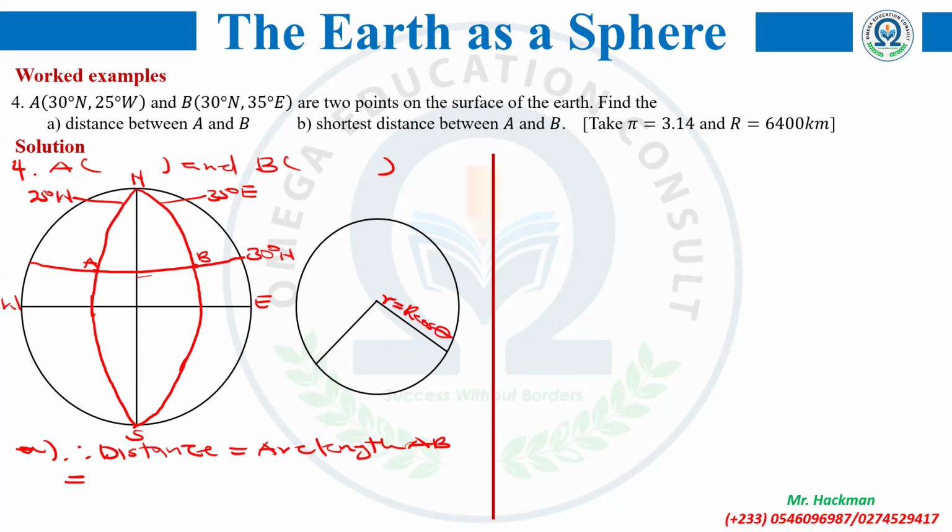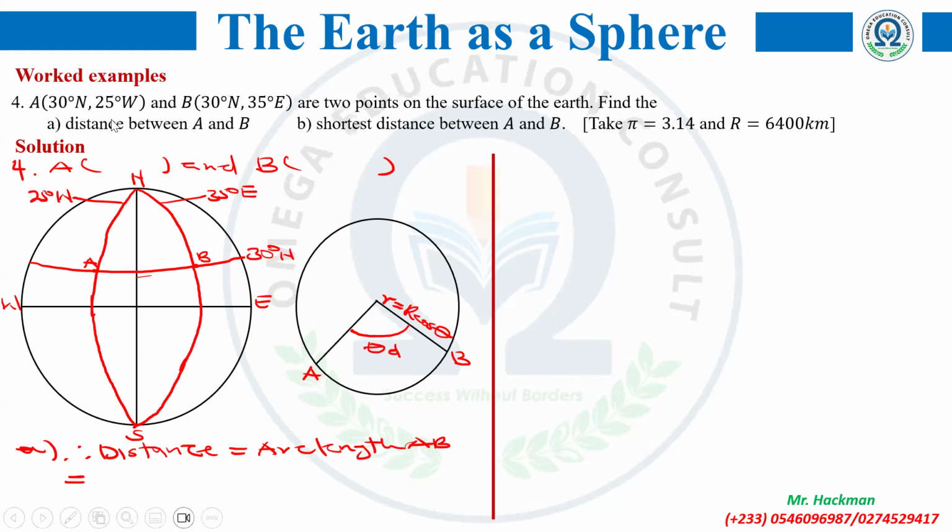So we know our A, this is the point A, this is the point B. However, we need to know this angle, which we will refer to as theta sub D. Theta sub D will be the angle of difference. The two points share a common latitude, so we use the longitude.